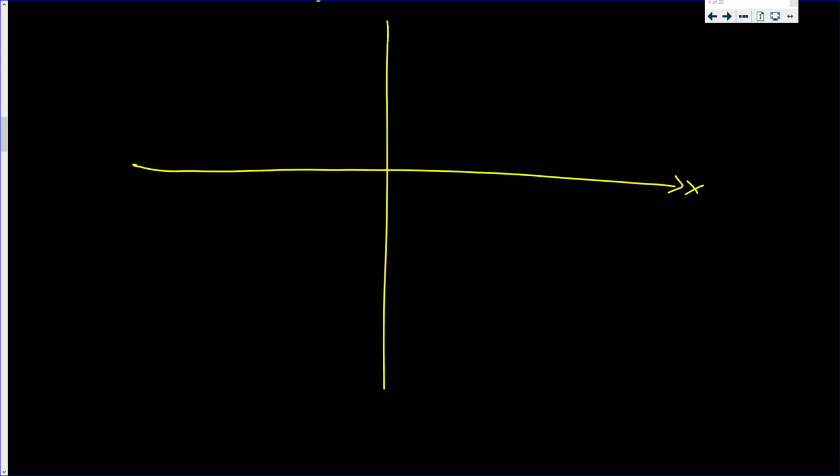Now, we're going to have to know how to graph these things. Suppose that you have a vertical asymptote here. You have a vertical asymptote here. You have a vertical asymptote here.